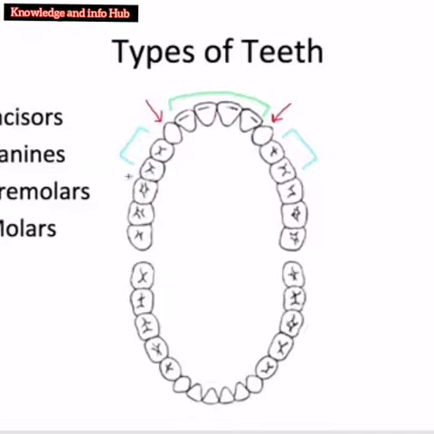And finally, the back three teeth are referred to as the molars, the first, second, and third molars, and the third molars are usually referred to as the wisdom teeth. The premolars and molars combined are referred to as the posterior teeth because they're located in the back. So again, we have the incisors, the canines, the first and second premolars, and the first, second, and third molars. And this is the same layout as for the mandibular arch.